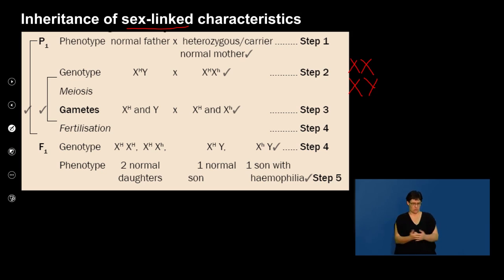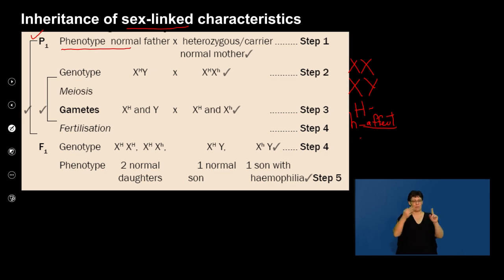And we know that the dominant allele in this case is H for individuals that are not affected, and the recessive, in this case small h, refers to individuals that are affected with the condition. So these individuals have been affected, in this case, with hemophilia, or maybe if we're looking at color blindness, these would be colorblind individuals.